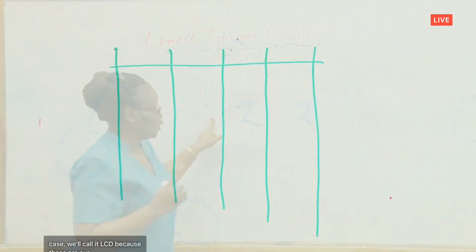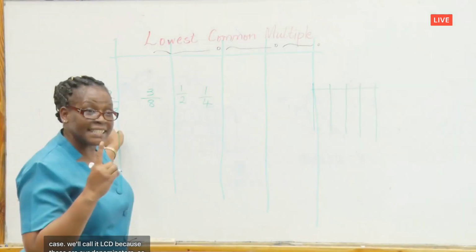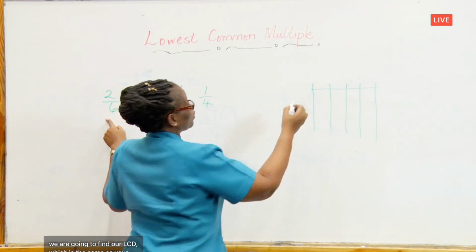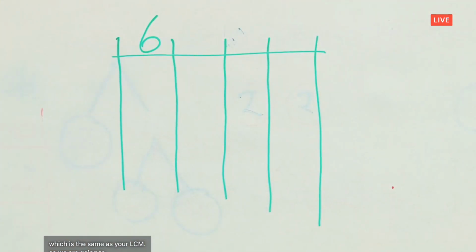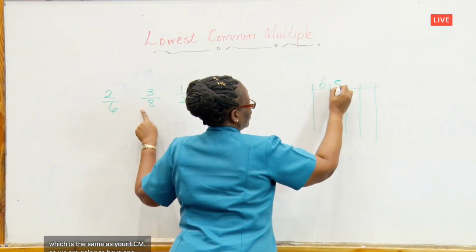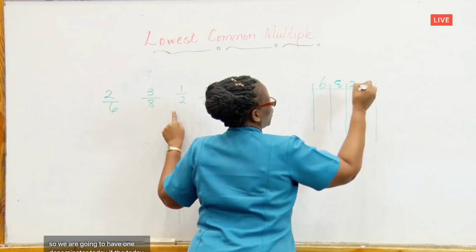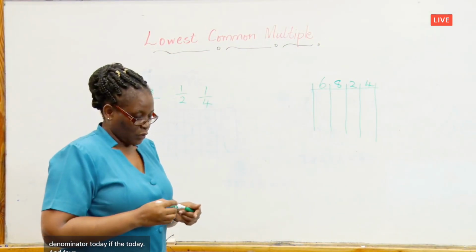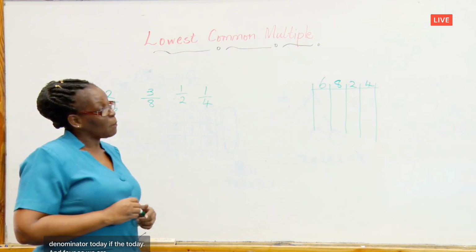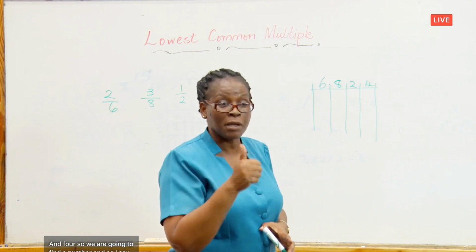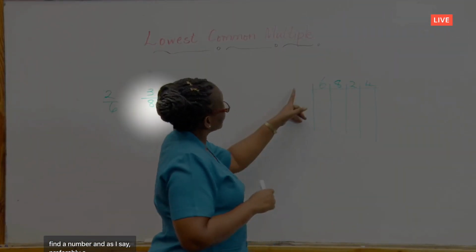Remember, we are finding the LCM, which in this case we will call LCD, because these are now denominators. So we are going to find our LCD, which is the same as your LCM. So we are going to have 1 denominator there, 8 there, 2 there, and 4.